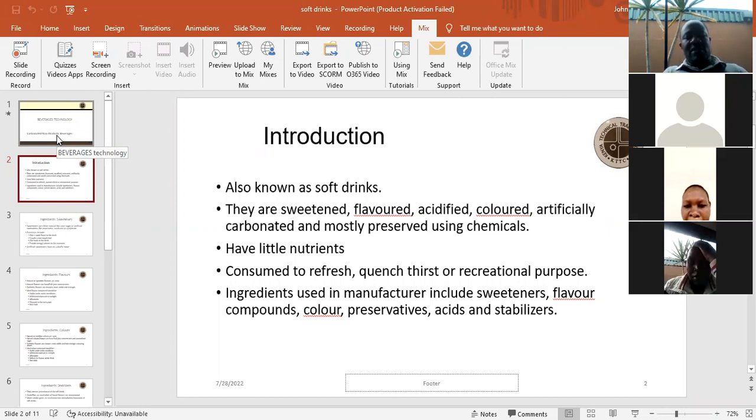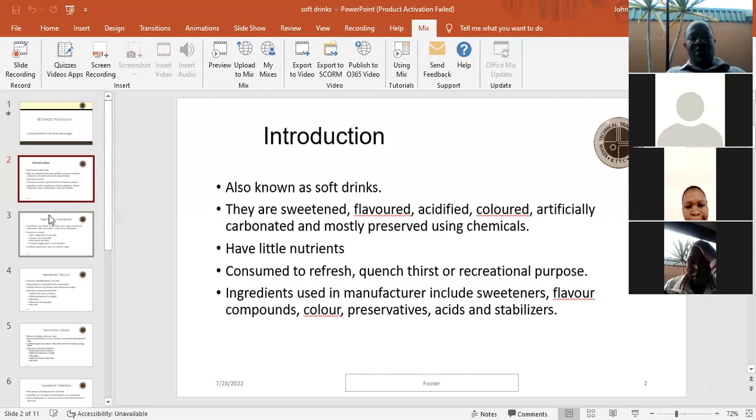Another important thing is that they are sweetened and usually have a certain flavor, and they have either natural acid, like in fruit juices, or an acid is usually added for the purpose of flavor and also for the purpose of preservation. So those are the major characteristics of these drinks.